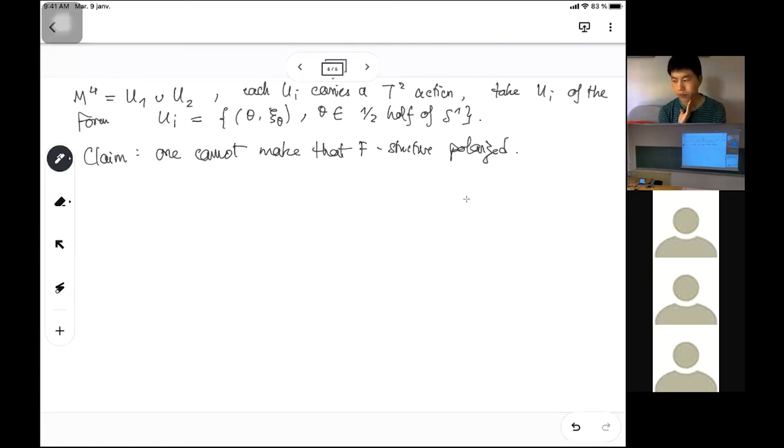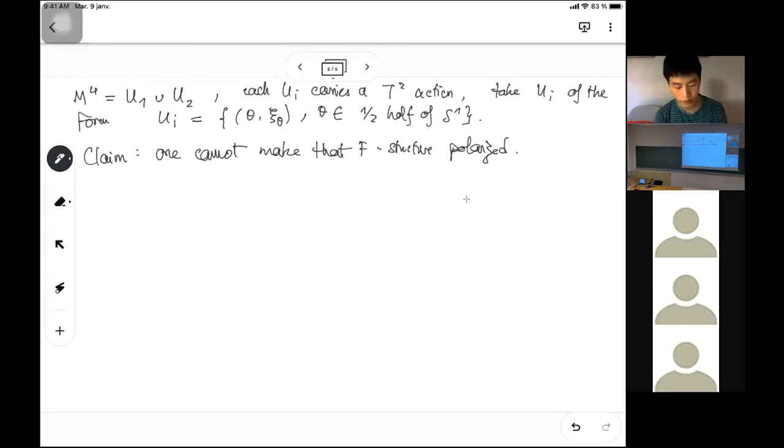And the intuitive explanation, I won't give a proof here, is that the first reaction when you want to make something polarized is that you have this T2 action, and so you have two directions, and one direction is free. It's an S1 action that is free.